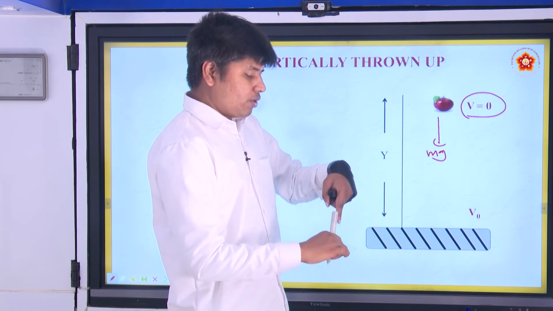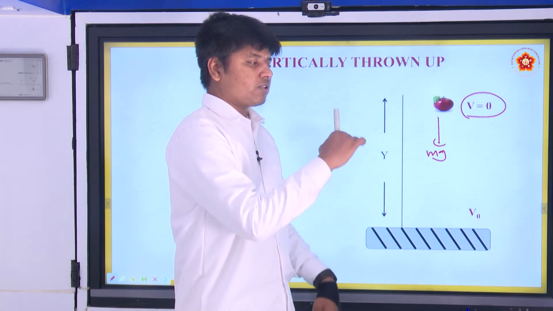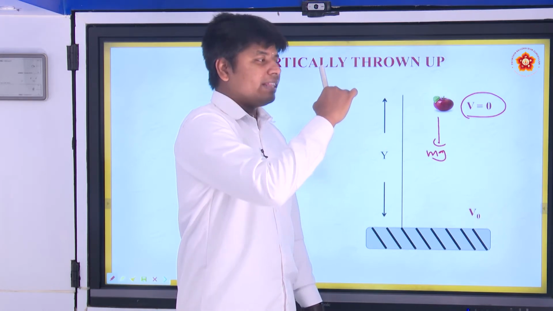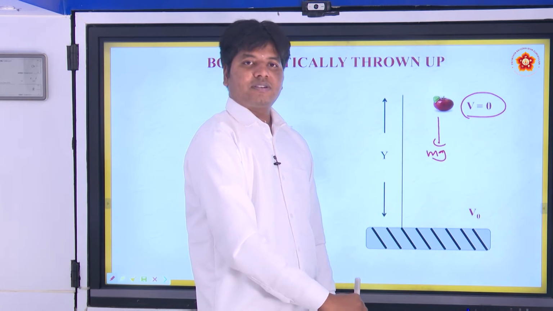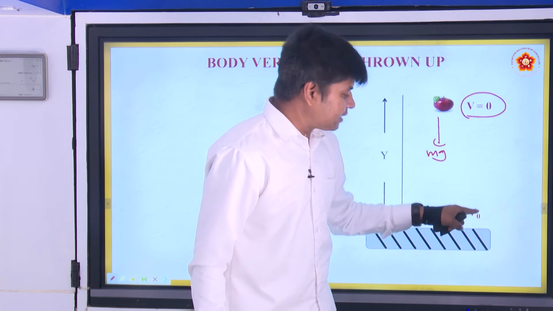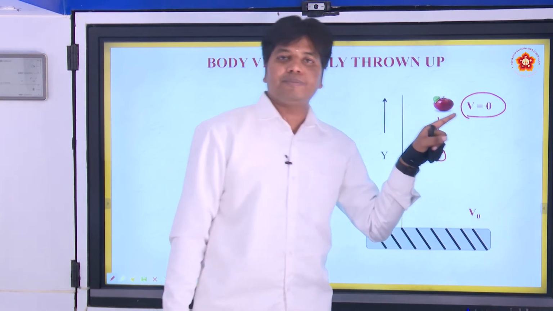It dominates up to a certain extent, then it slows down and becomes stationary. This is the stationary point, and then it falls down. So the final velocity here, if you consider this as the initial velocity, becomes 0.